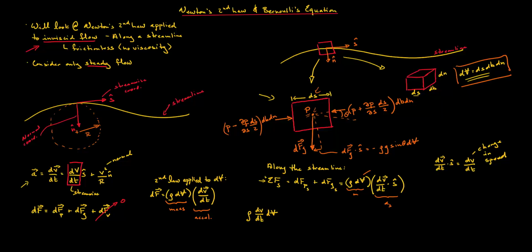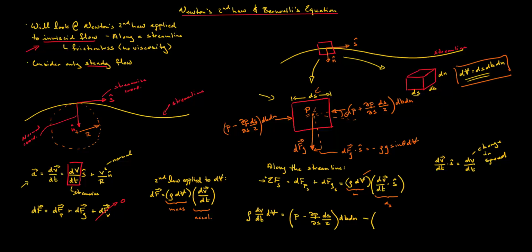This is your mass times acceleration term, and it is equal to P minus dP by ds, ds divided by 2, times dB dN, then minus the pressure force on the right-hand side.